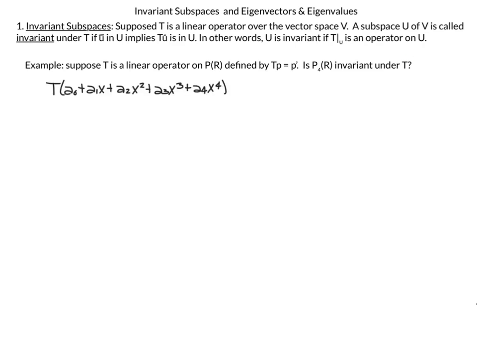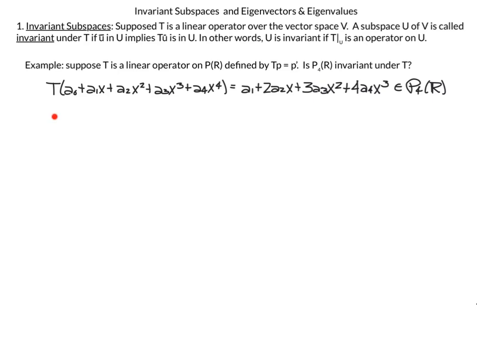We need to consider what will happen to a polynomial of degree 4 or less when we apply T to it. So here is my template of a polynomial of degree 4 or less: a0 plus a1x plus a2x squared plus a3x cubed plus a4x to the 4th. These constants can be equal to 0. We're going to apply T to it. In other words, we're going to take its first derivative.